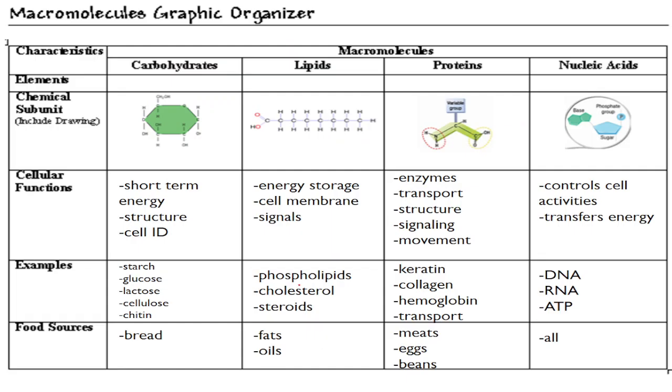Okay, so macromolecules, graphic organizer. We need these things in our study. We have carbohydrates. Its building block is sugar, and this is the chemical formula for that, and then the drawing. We have the lipids.